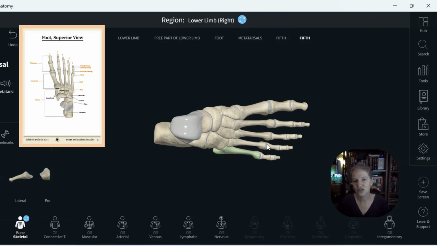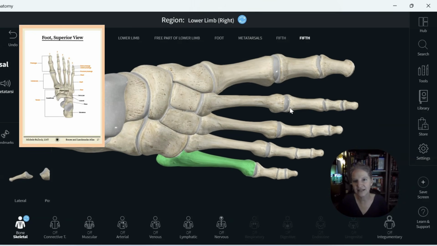And then just like on the hands, we have the same setup with the toes, or phalanges. On the first toe, which is the equivalent of the thumb, we have proximal and distal phalanges. On the rest of the toes, we have proximal, middle, and distal. So for the toes and the fingers, the bones are all the same.